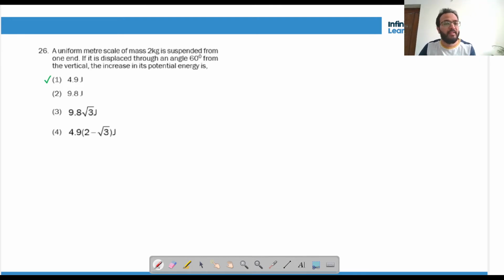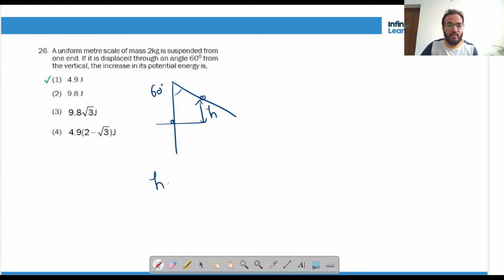Okay. A uniform meter stick of mass 2 kg suspended from one end is displaced through an angle of 60 degrees. What is the increase in potential energy? Right now it was here, now it is here. Just now we found out, if this length is L by 2, see, this is the center of mass.